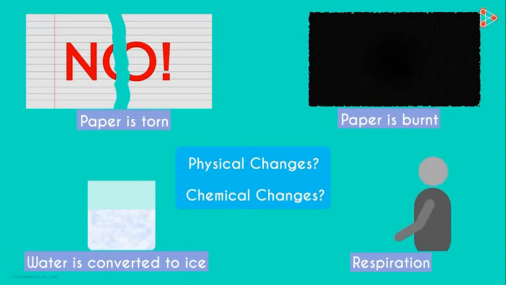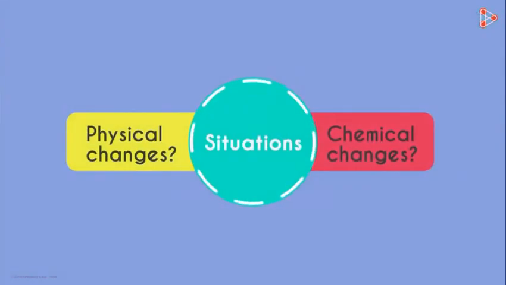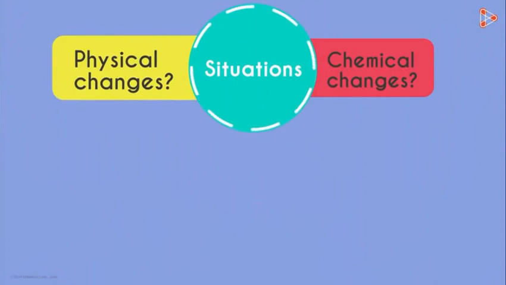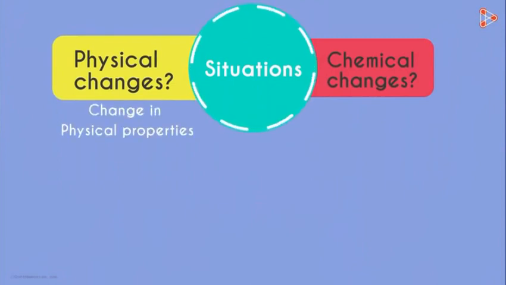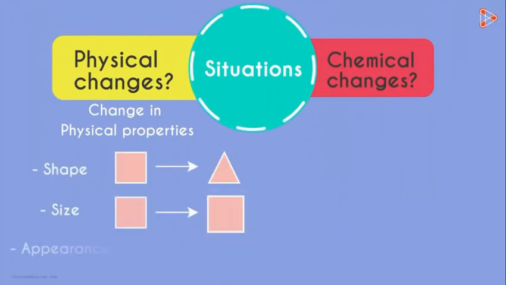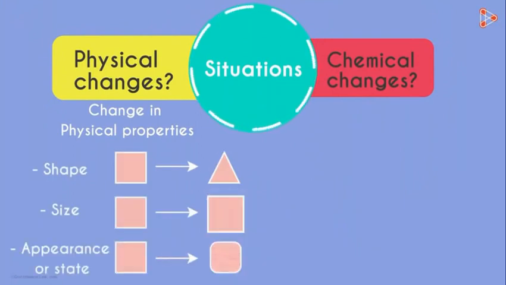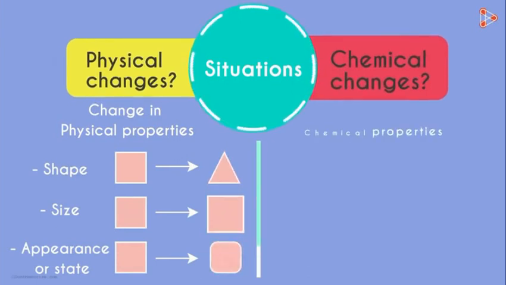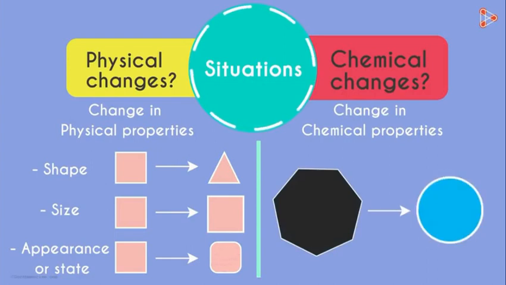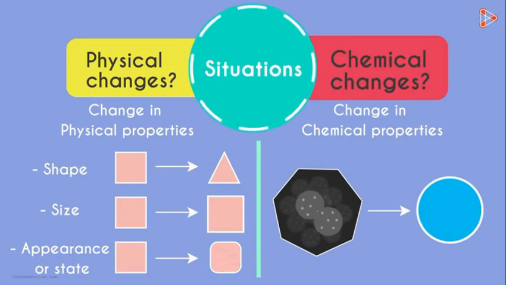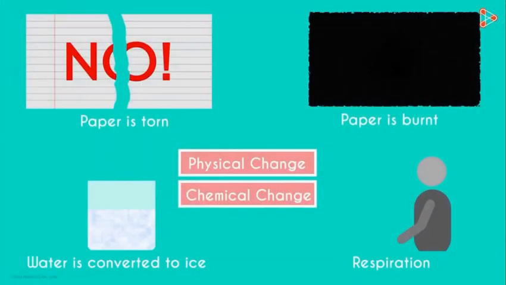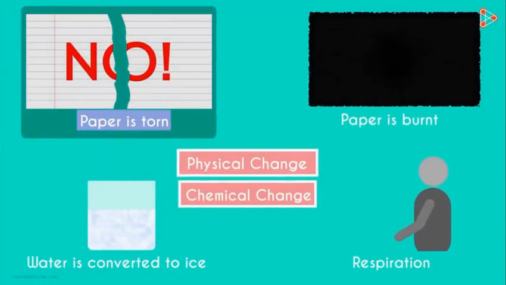A physical change is nothing but change in the shape, size, appearance and state of the substance. Chemical change is nothing but change in the chemical properties, that is, the chemical formula.